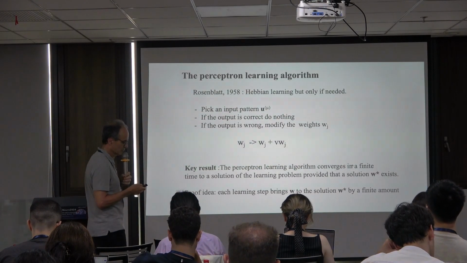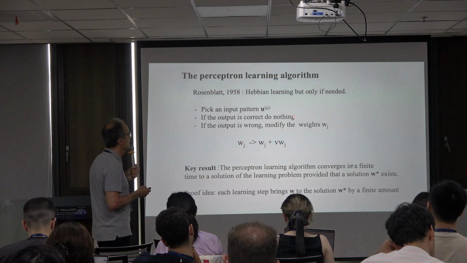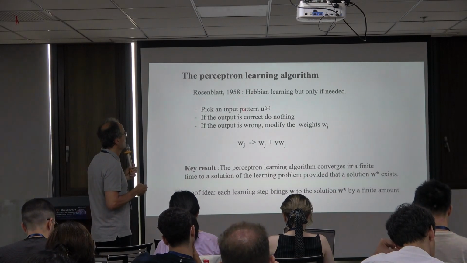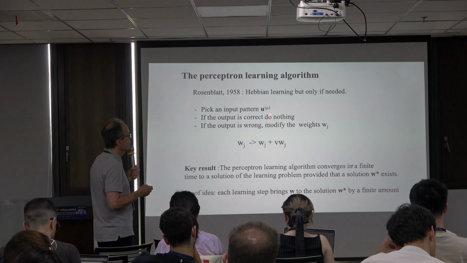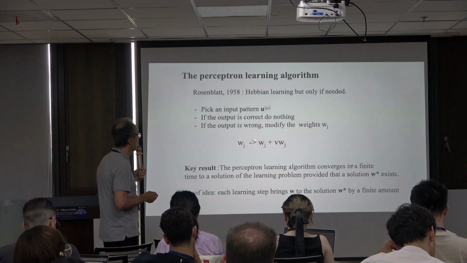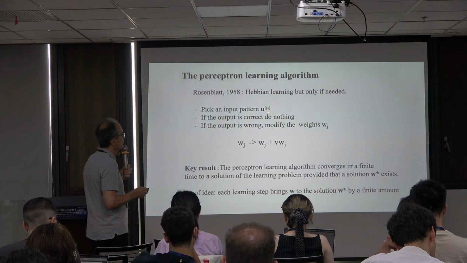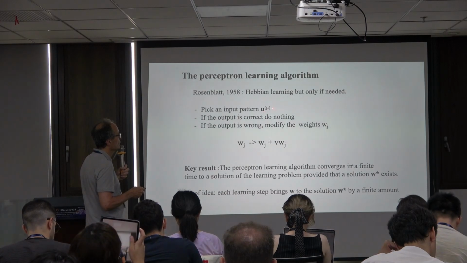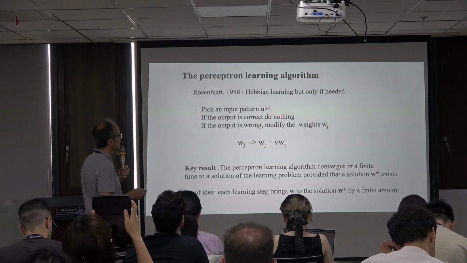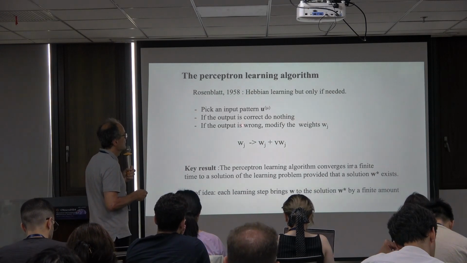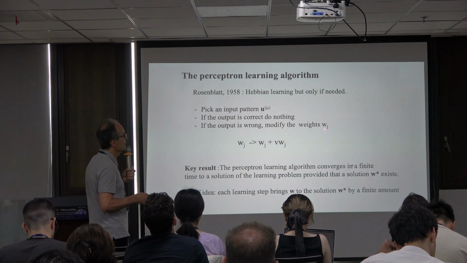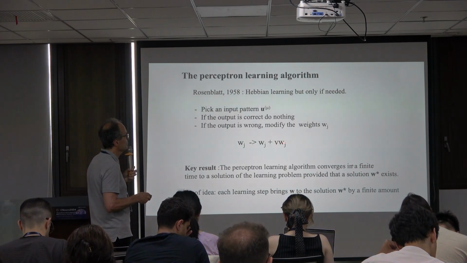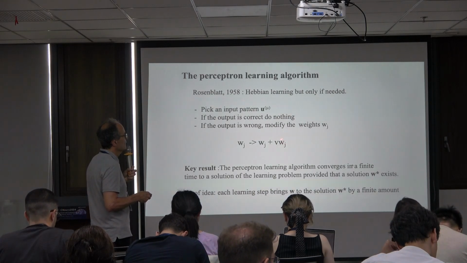So just to remind you, what you do is again learning. You look at the example that you have. If the weights that you have at this time give you the correct output, you don't do anything. And if the output is wrong, you modify the weights so as to go in the right direction.